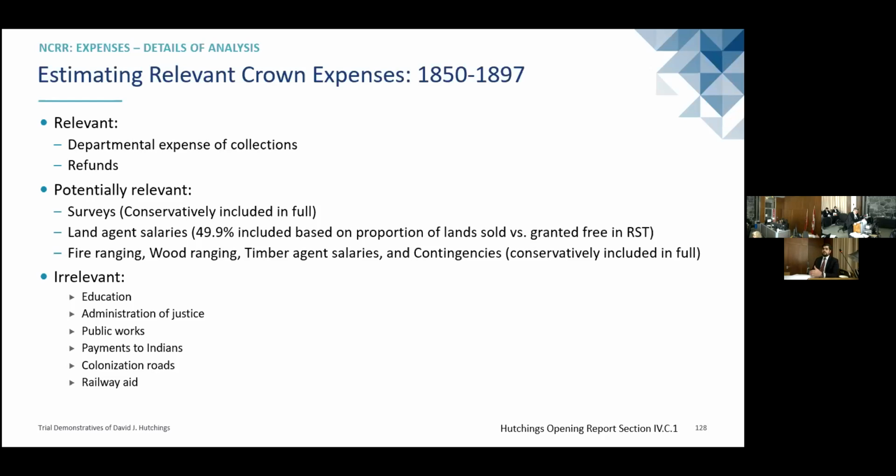And then getting to the categories of expenses that in my opinion are irrelevant, we have education. That's kind of a general service. It's not tied to any revenues. We don't charge for education, and it's not related to resources. The administration of justice, public works, and I should note when it comes to public works, there were some other companion papers in these archival documents that talk about some examples of public works.